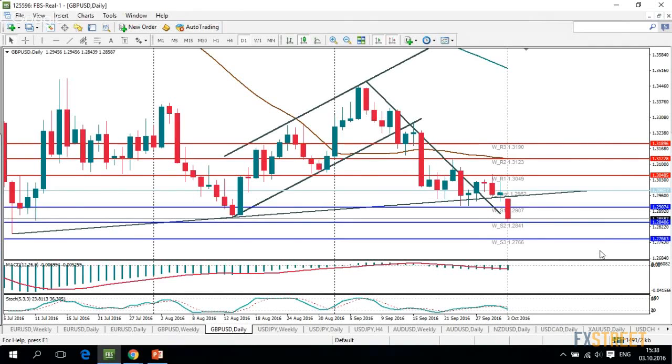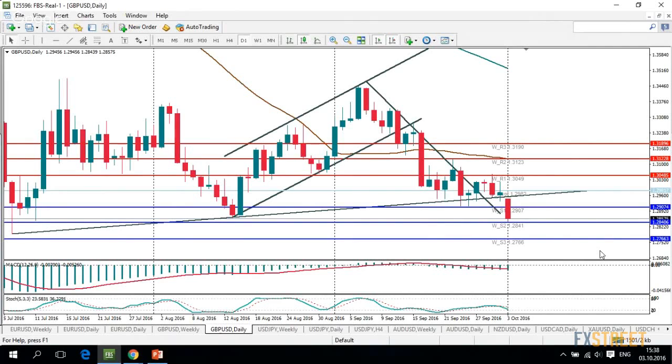The first PMI, manufacturing PMI, turned out to be better than expected. However, the major part of the UK economy is the services sector, so UK services PMI data on Wednesday will be more important for further dynamics of the pair.